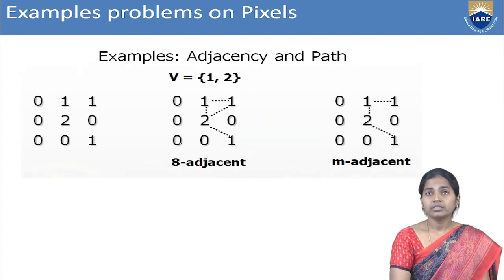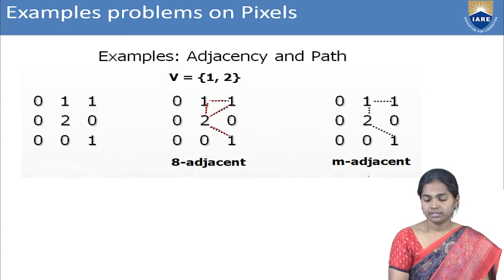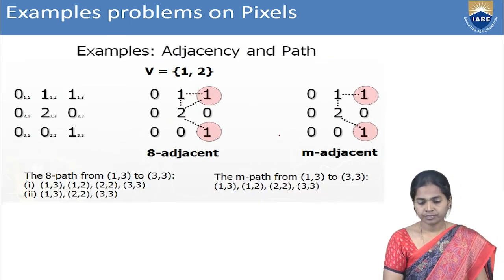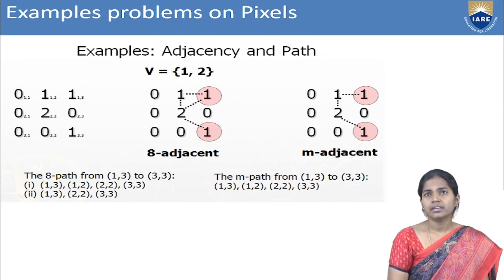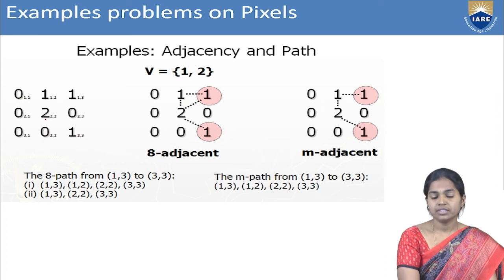Observe here: 4 adjacency is not possible, and in 8 adjacency, it goes from 1 to 2, 2 to 1, and 1 to 1. This is the 8 adjacency, and when we go for M adjacency, it goes from here to here, here to here. This is the M adjacency. In this example the values are 0 1 1, 0 2 0, 0 0 1.